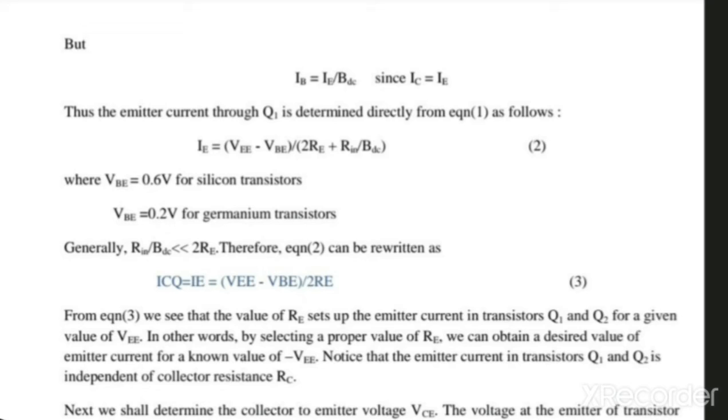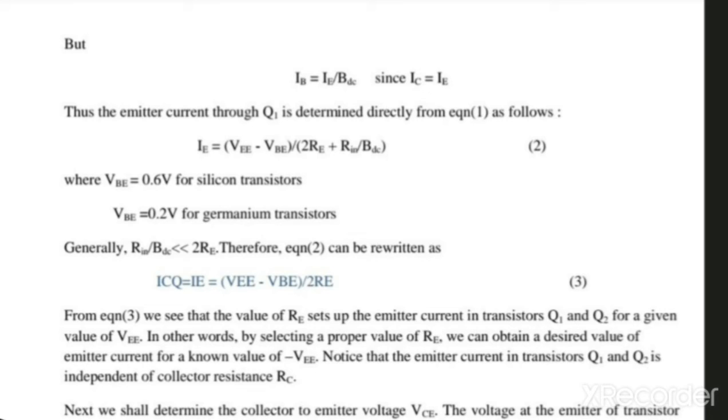VBE is very small. VBE is equal to 0.6 volt for silicon transistors and is equal to 0.2 volt for germanium transistors. We know that BDC is very large for a common emitter configuration transistor.